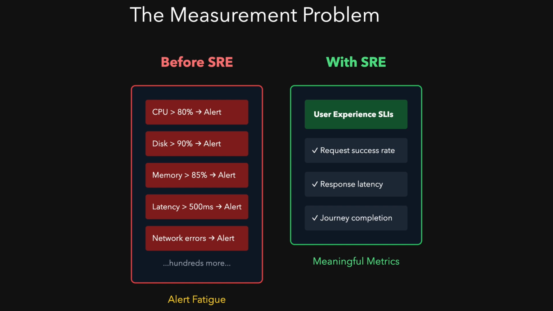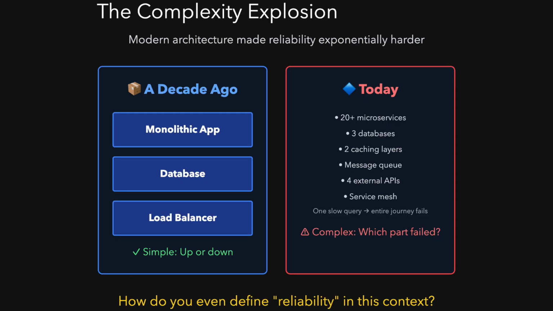And then, modern architecture made everything exponentially harder. A decade ago, you might have one monolithic application, one database, and a load balancer. Debugging was straightforward. The monolith is either up or down. Today, your simple user flow might touch 20 different microservices, 3 different databases, 2 caching layers, a message queue, and 4 external APIs.